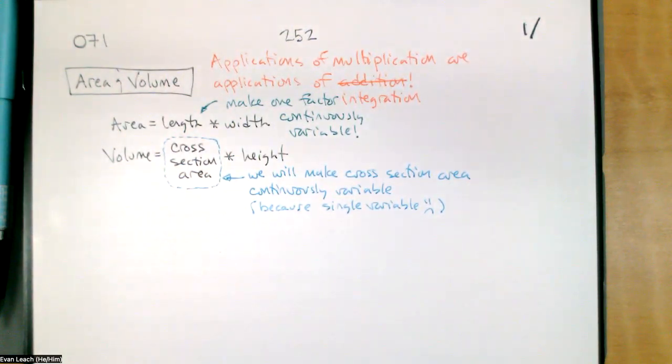Moreover, because we've decided to make things hard on ourselves and just allow a single variable, the cross-sectional area is going to have to maintain its shape.